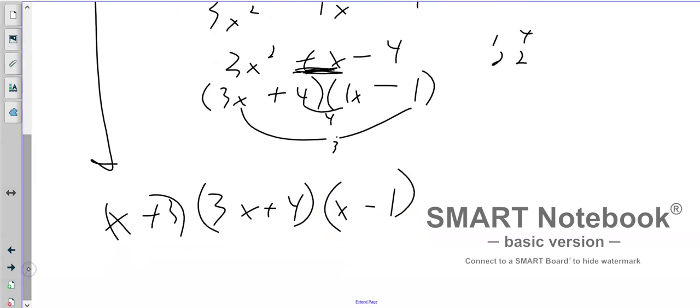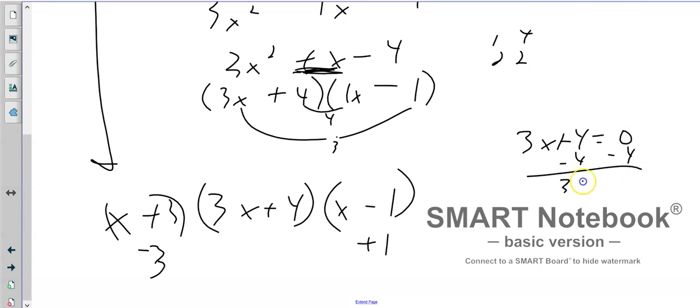What are my zeros? This is negative 3. This is positive 1. You might be able to see this in your head. Move the 4 over, make it negative, and divide by 3. But if not, do it off to the side. Minus 4, divide by 3, negative 4/3. Those are my 3 zeros.